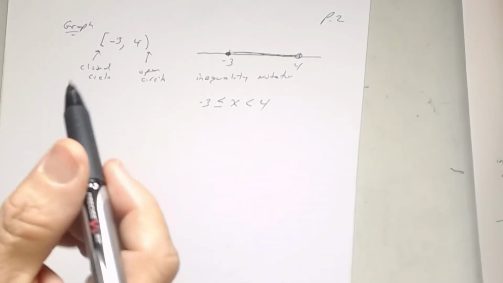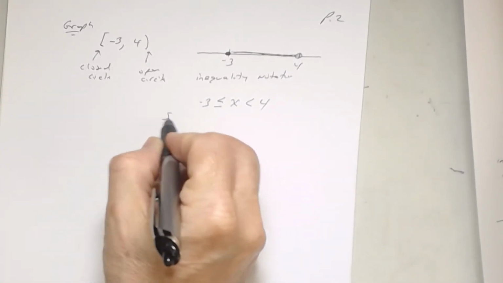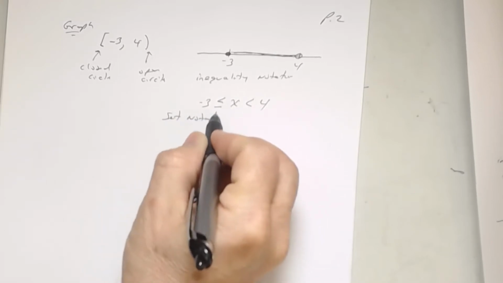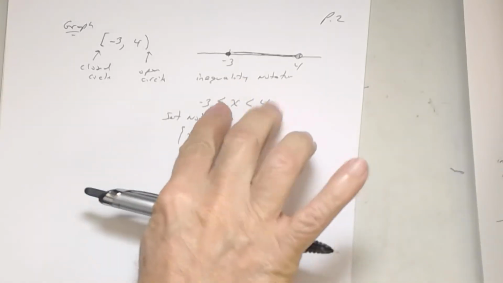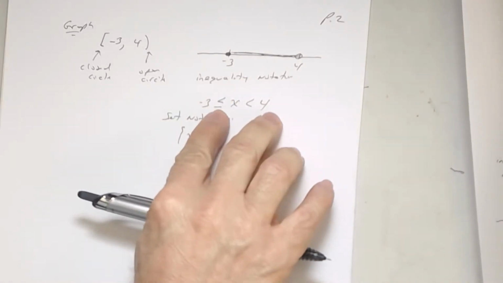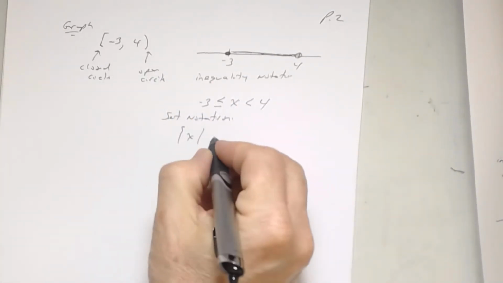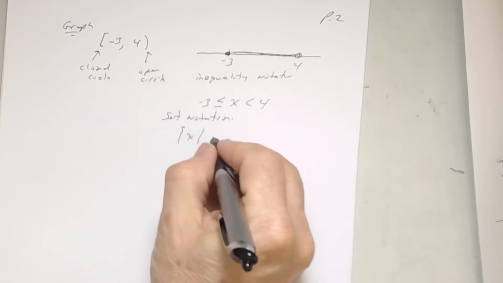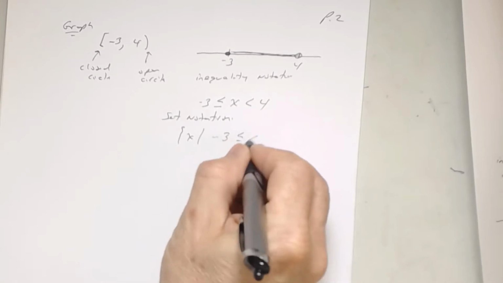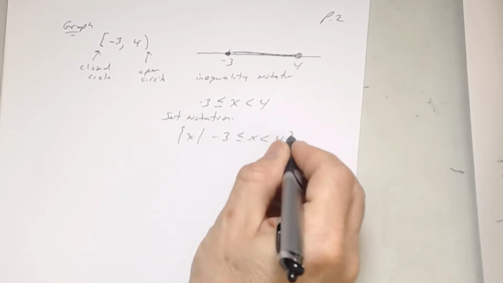Now in terms of set notation, you're going to say the set of x's such that, and all you do is just rewrite the inequality notation. So the set of x's such that what? Just rewrite this part. Negative 3 is less than or equal to x is less than 4.